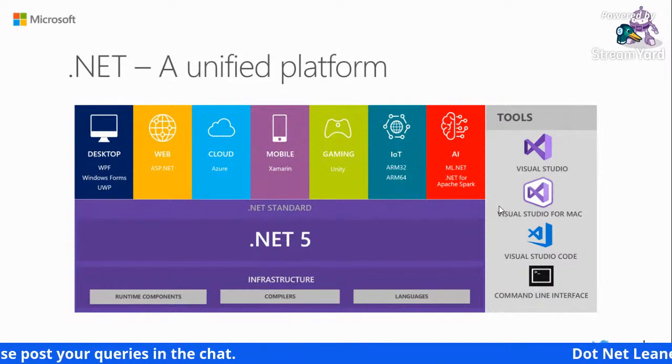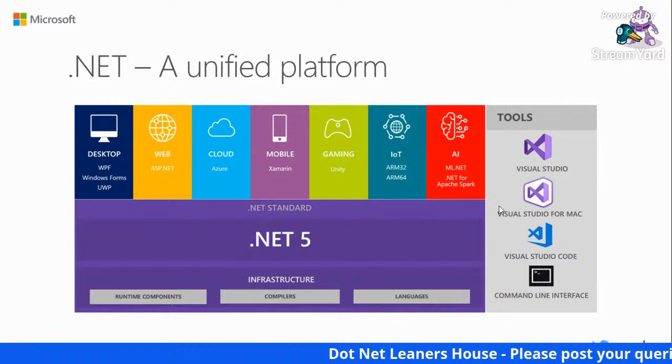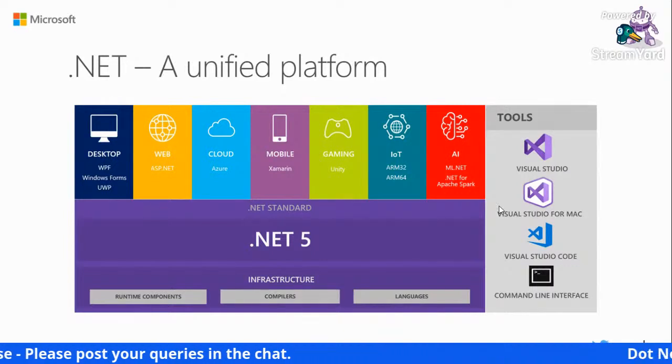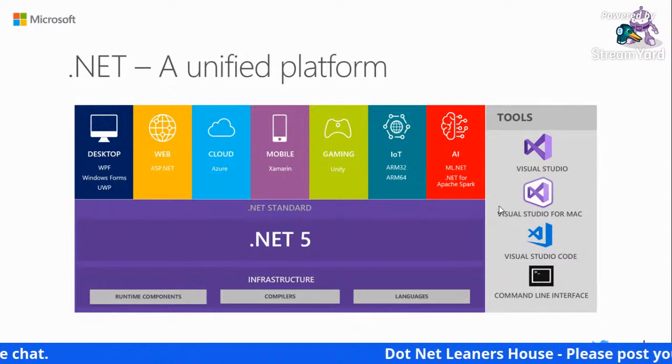Core was the base, and they built upon that. And .NET Framework was just solving some problems. So migration will always be a challenge. If you're migrating applications, it will always be a challenge.